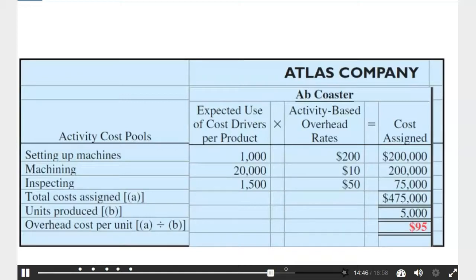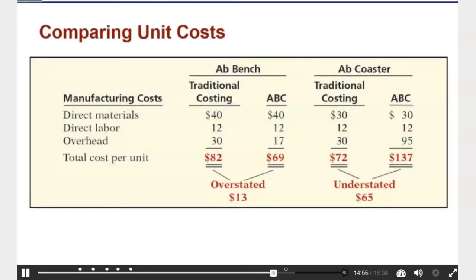And so here's traditional, which would result in overpricing the bench and significantly underpricing the coaster. The bench, we said, would be 82, but in reality, with activity-based costs, it's probably closer to 69. So we've been overstating the cost of producing the bench. Therefore, our selling price would have been affected.